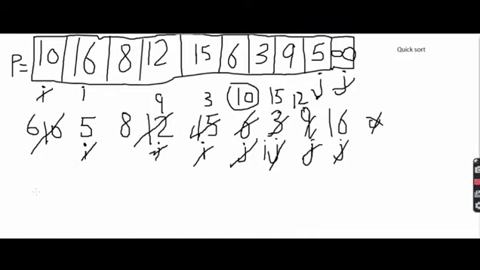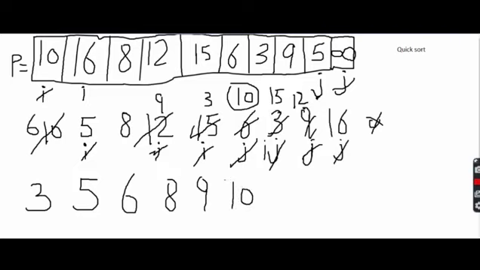You can sort the list recursively like this. Once our pivot is sorted, you can sort the list recursively, right? Then 9. Okay, let me rewrite it. Here we got the 9.